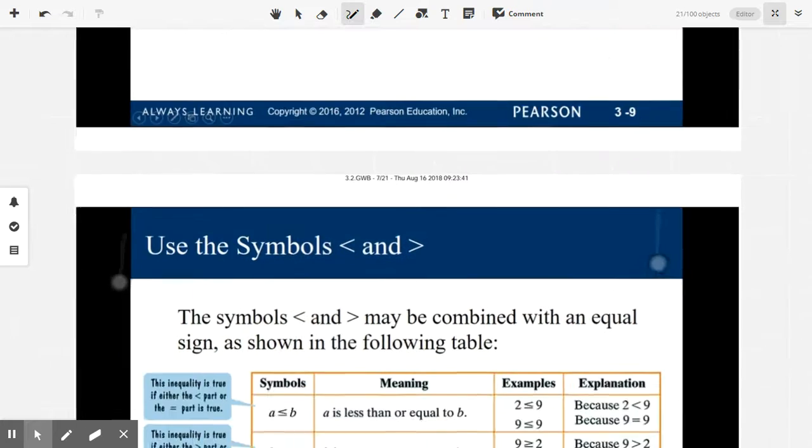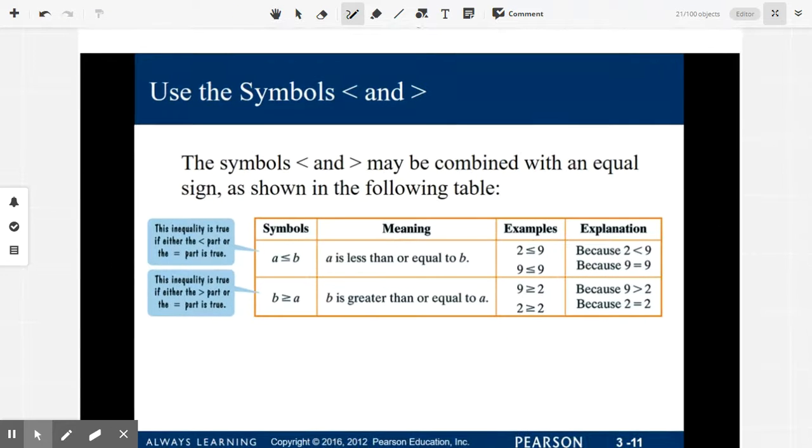Moving quickly. All right, now remember this, whenever we put the little line underneath and we're comparing things, that means it could be less than or equal to be true. This one would be greater than or equal to. Okay?